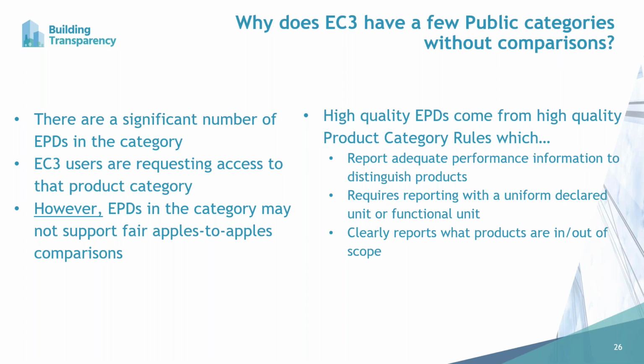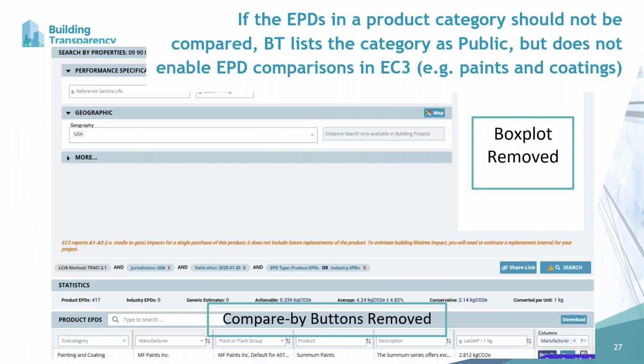This is informational for everyone, especially if you ever participate on a product category rule. That's important. One example for us in which we have a public category to show folks that these EPDs exist, but we have removed comparisons, is our paints and coatings category.